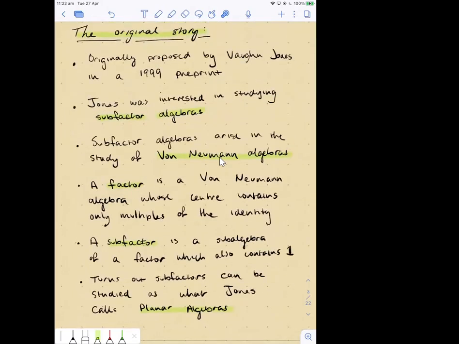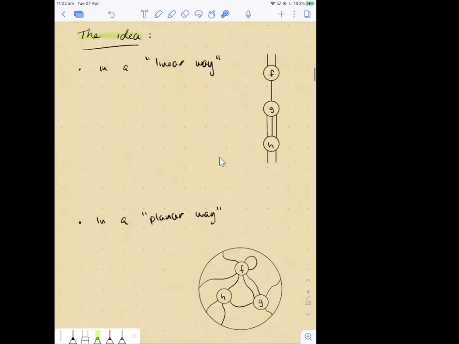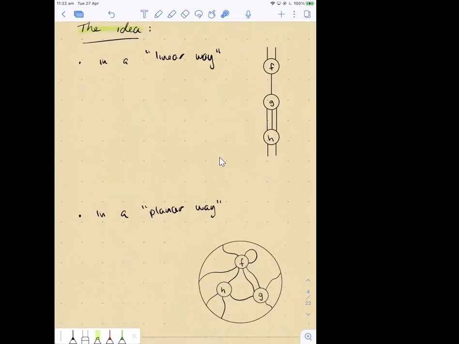So subfactor algebras deal with operators in Hilbert spaces, and this planar algebra way gives us a way of talking about connecting together operators. You can think of these generators as operators on a Hilbert space. There's a specific type of planar algebra called a subfactor planar algebra.